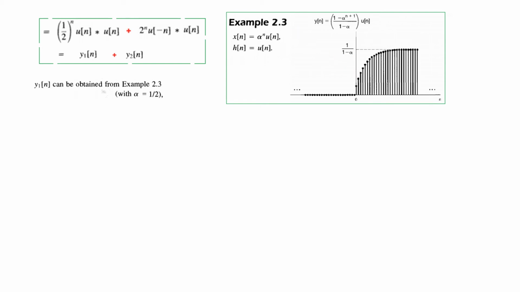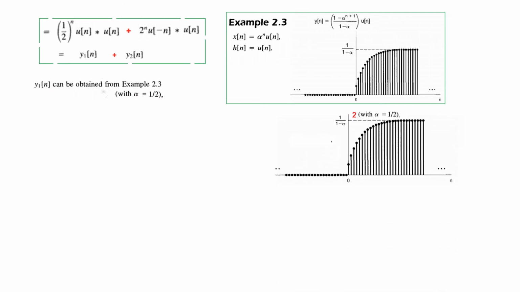Now we compare our first part with this one. Here it is a to the power n u[n], and here it is half to the power n u[n], so a is equal to half. If we put a equal to half, whatever answer we get will be the plot of the first part.